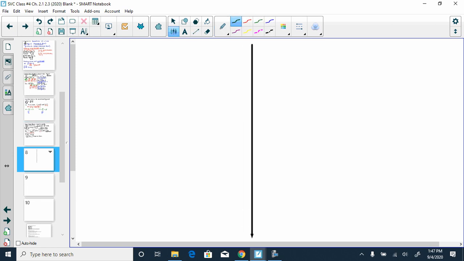So the directions will tell you what to do on this. So the first example, I'm going to call this A because I have A through E on this one. So far as A is, write an equation.